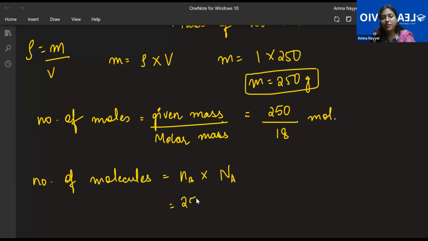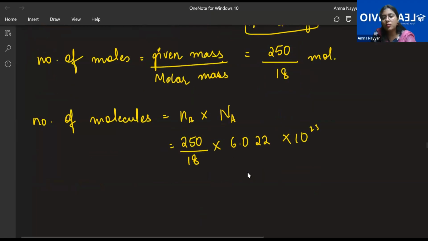So, 250 by 18 into Avogadro's number, which is 6.022 into 10 to the power 23. Now, when you solve this, it will come around 8.44 into 10 to the power 24 something.